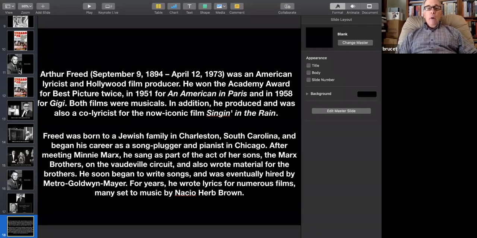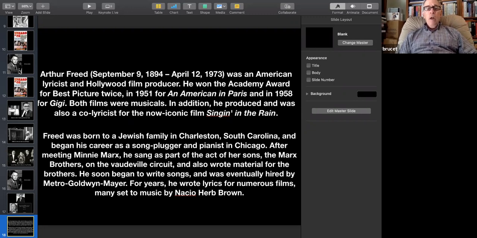So for 15 years, he made the best musicals in Hollywood. But he started as a songwriter, and one of the songs that he co-wrote in the late 1920s was Singin' in the Rain.